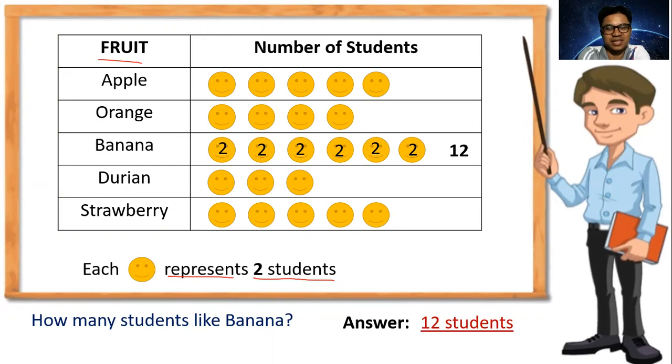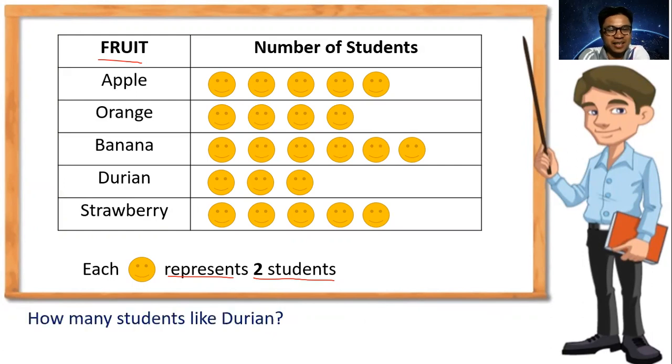So 12 students like banana. Next question. How many students like durian? 1, 2, 3. 3 times 2 equals 6. So the answer: 6 students like durian.